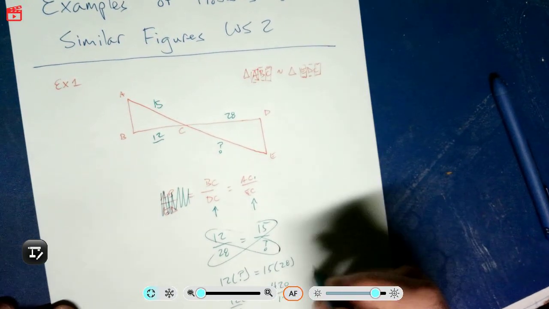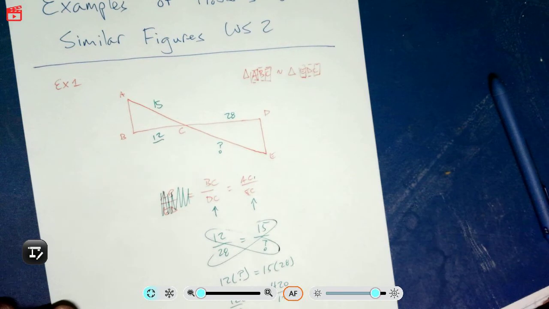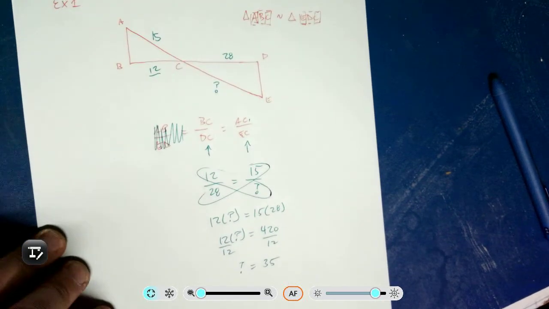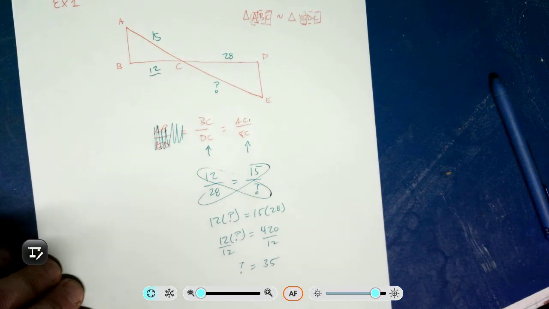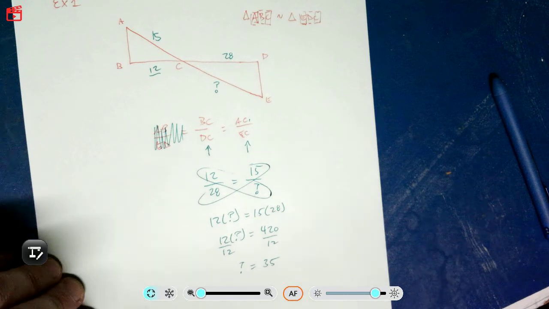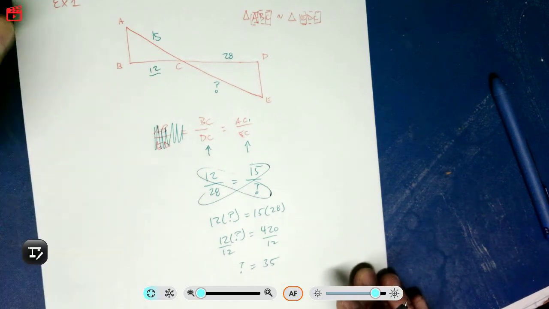And our unknown length is 35 units long. So that's how you do a problem like this. And once again, if you need to pause the video and look at it, go and do that. But I'm going to move on to example number 2.